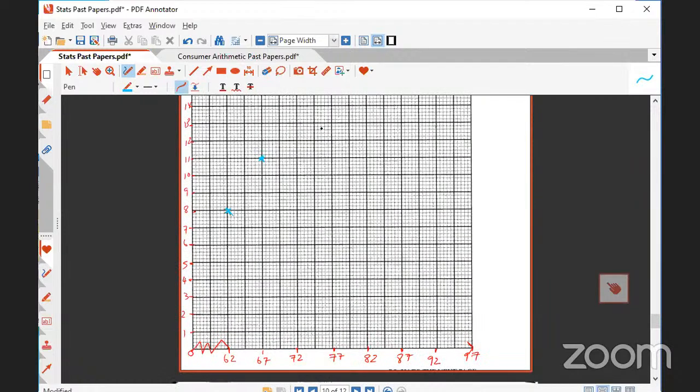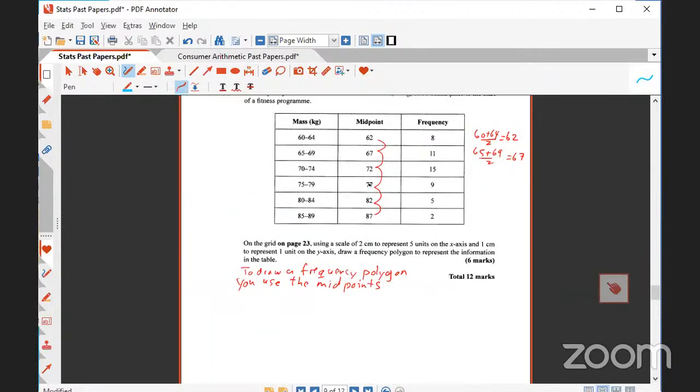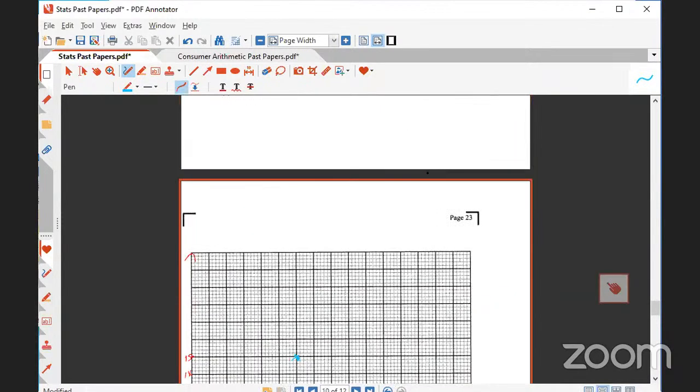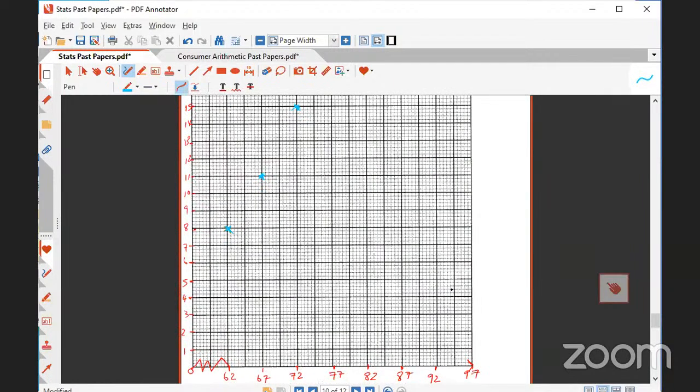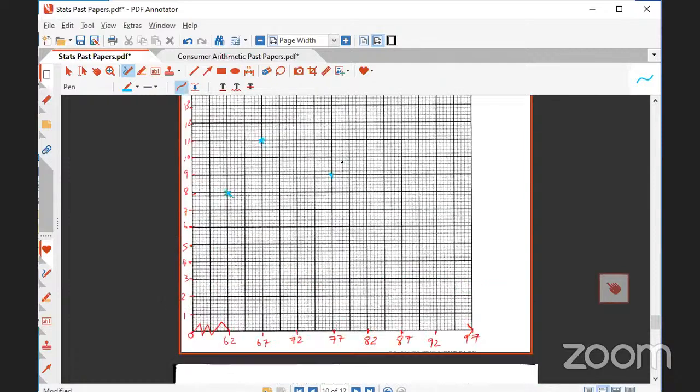Next, 72 is 15. 77 is 9. 82, 5. And 87, 2.